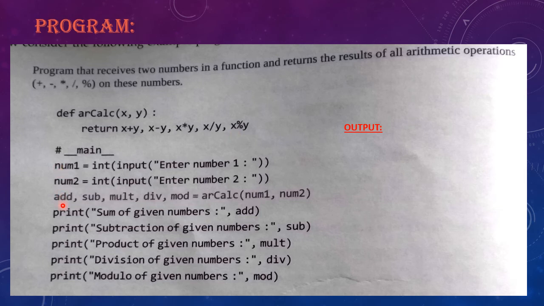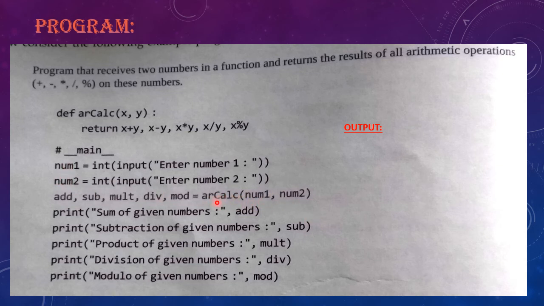At top level, we have written num1 equal to input, enter value for receiving the first value, and num2 receiving the second value. Then we are invoking the function rcal with two arguments num1 and num2.